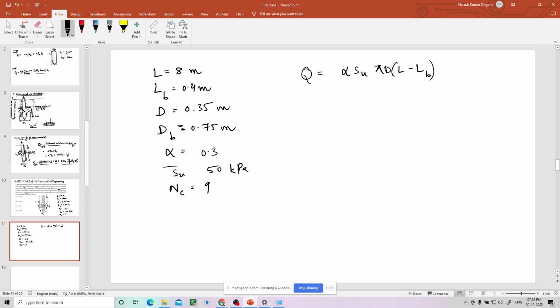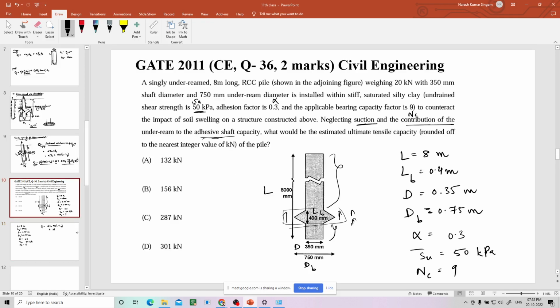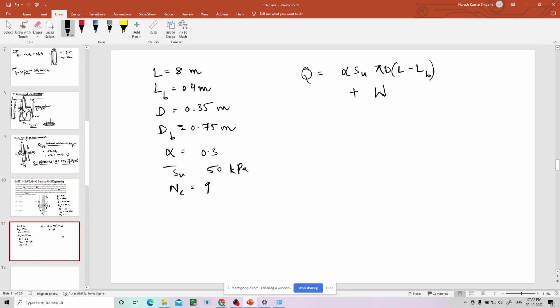Plus due to the weight of the foundation, which is also given, no? W is 20 kilonewton. Plus due to the bearing at the underneath, CNC into pi by 4 into dB square minus d square. So you know every value.